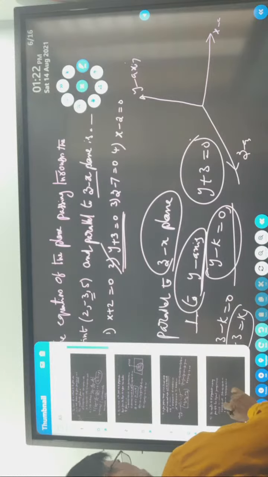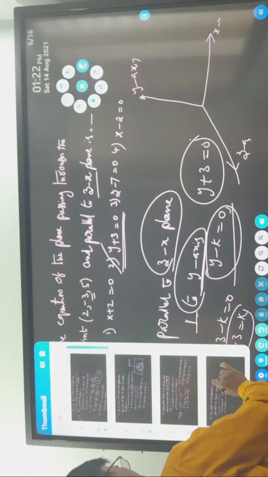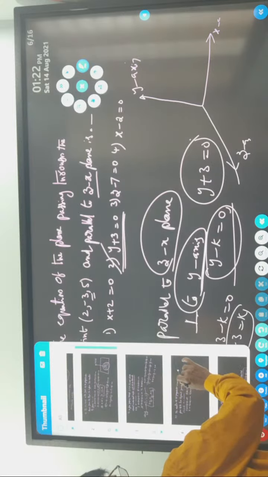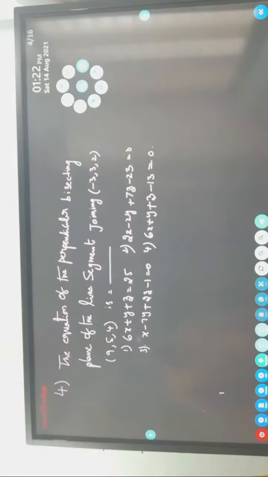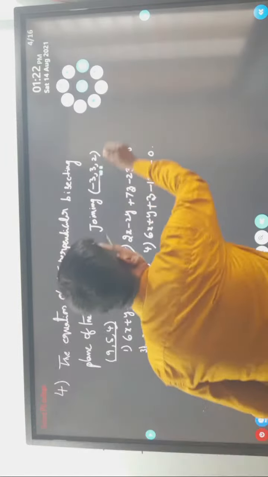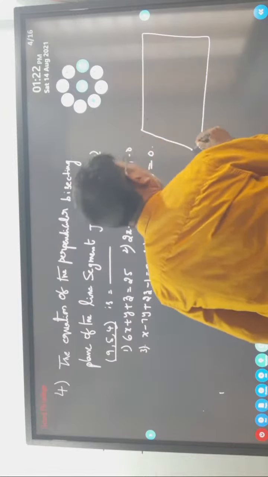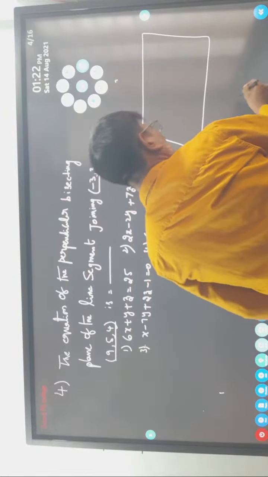Now this is the question. The equation of the perpendicular bisecting plane of the line joining the points minus 3, 3, 2 and 9, 5, 4. These two points are given like this. Previously we discussed this model: one point is here, another point is here.